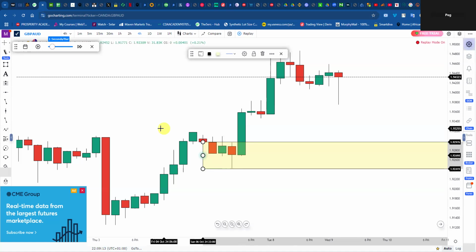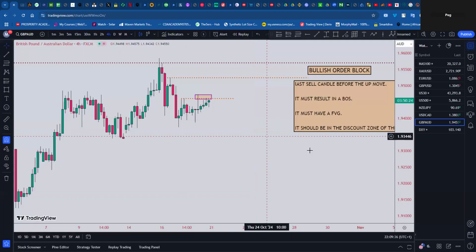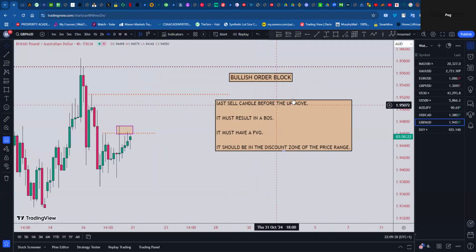Everything we said about the bullish order block, the opposite applies to the bearish order block. So for the bearish order block, we'll be looking at the last buy candle before the down move. It must also result in a break of structure to the downside.